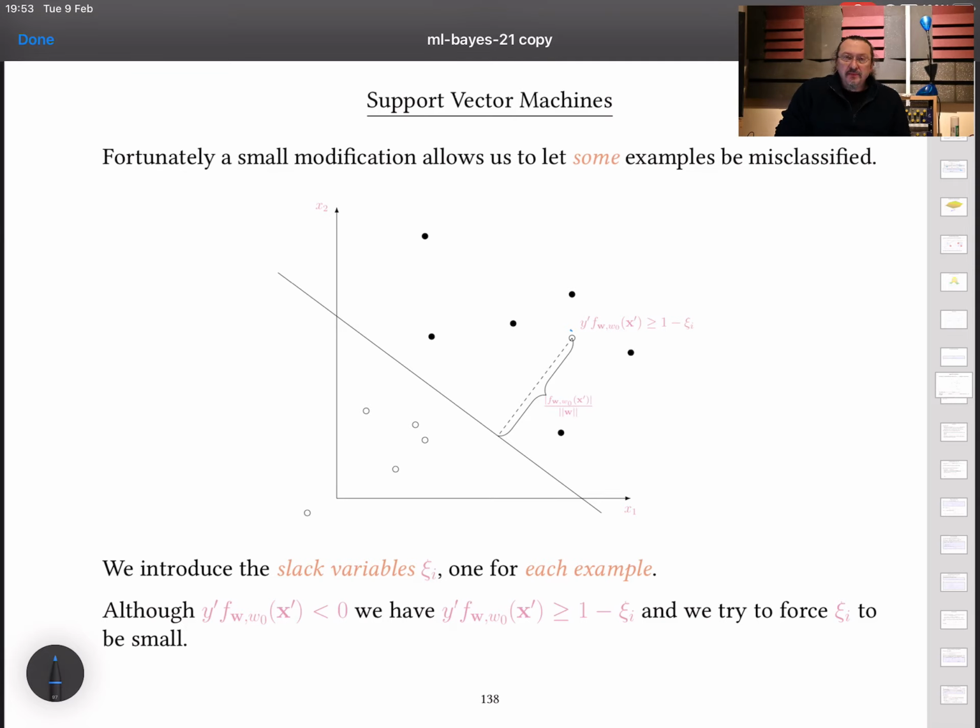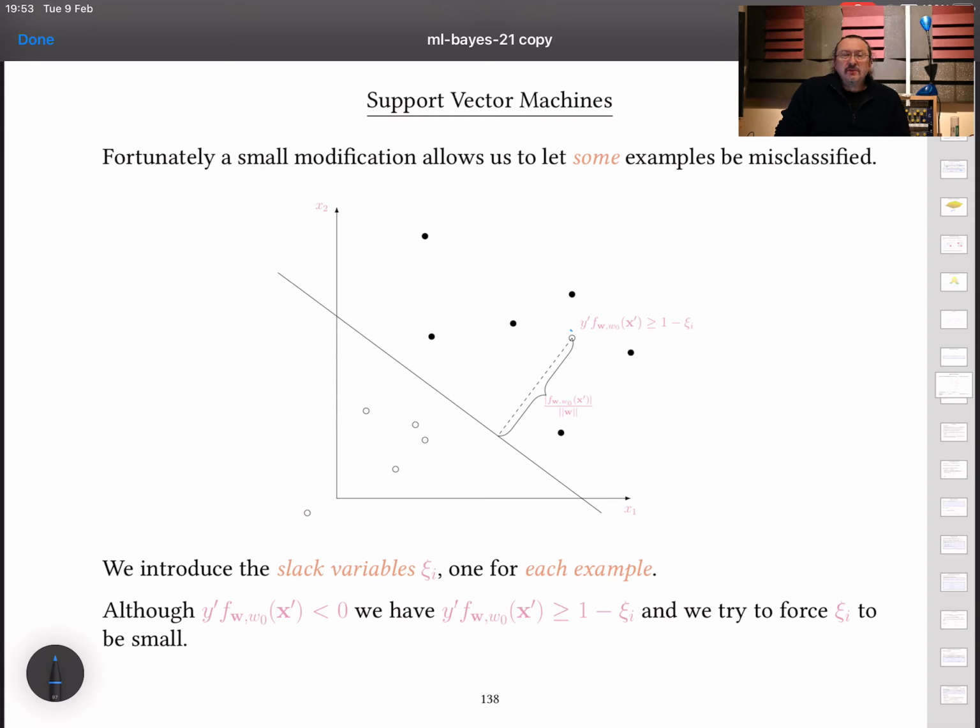All that means is that our product, in this case, if the training example that's on the wrong side of the boundary is x prime, y prime, the product of y prime f of x prime is now going to be negative. Okay, that's what happens when you have a labelled example that's on the wrong side of the decision boundary. Okay, that follows from all the stuff that I laid out in the last lecture.